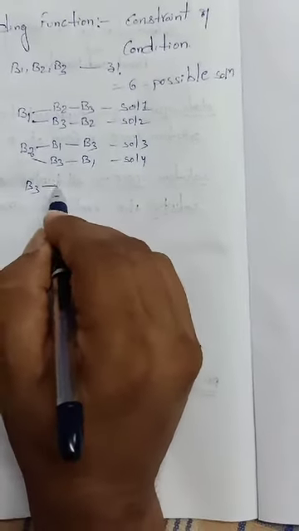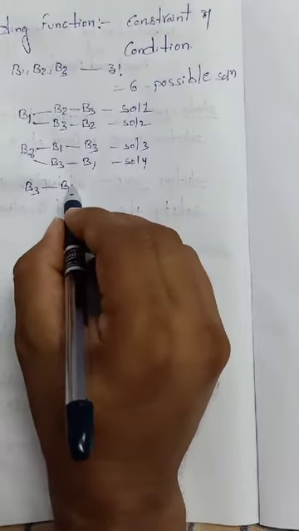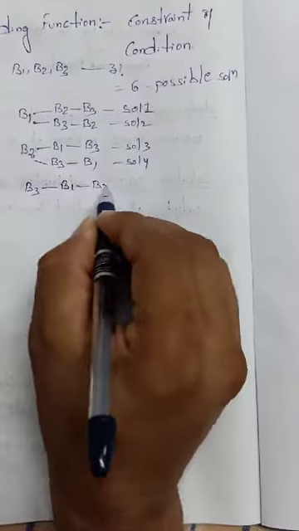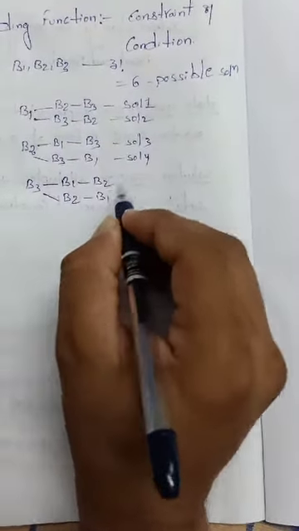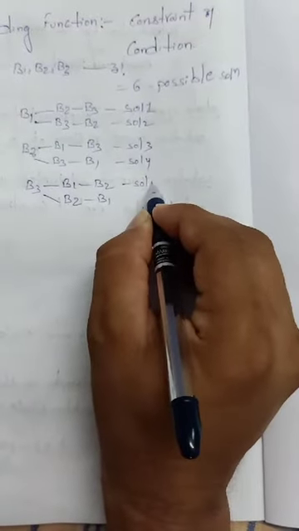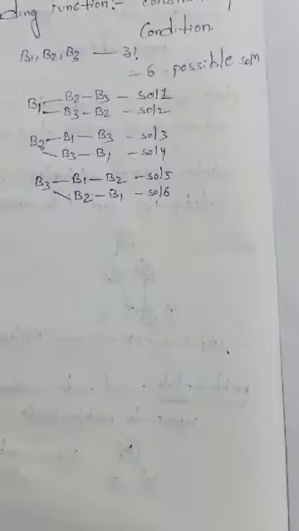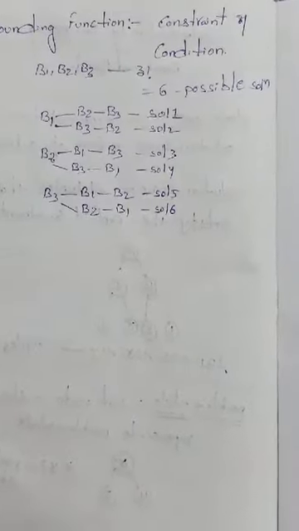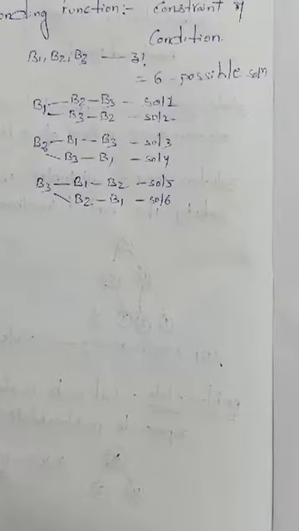Next, first we seat B3, then B1 then B2, or B2 then B1. This is solution 5, and this is solution 6. So we get 6 possible solutions. There are no bounding conditions here, right?